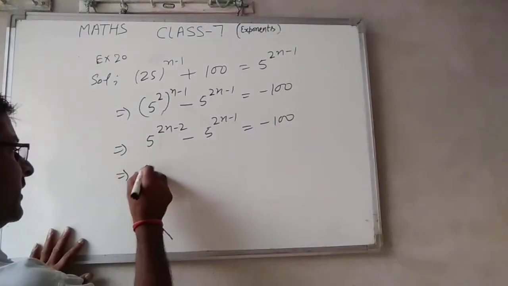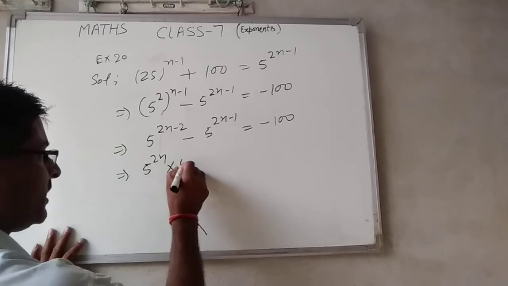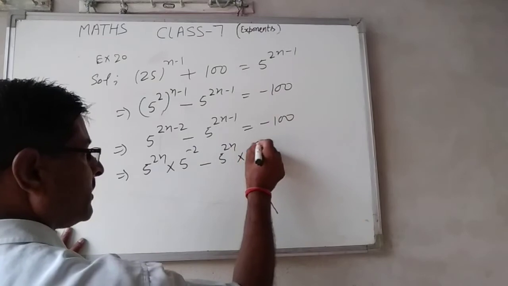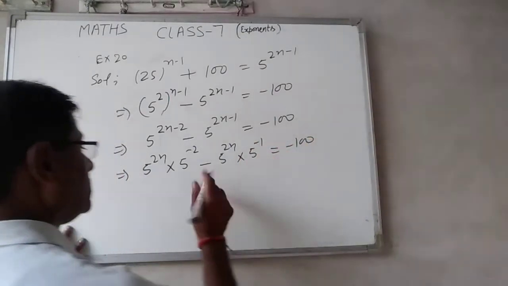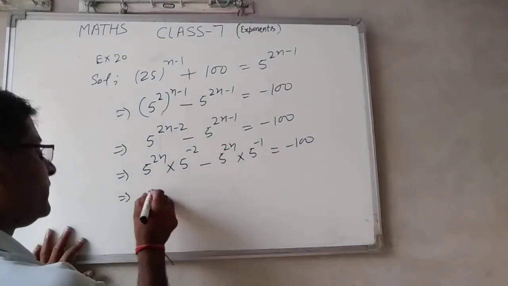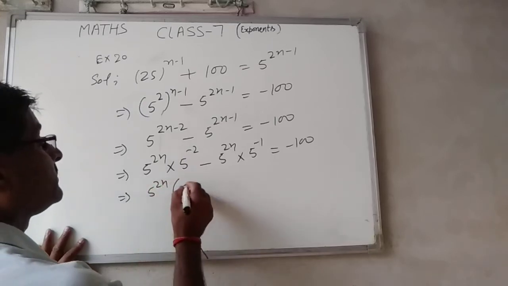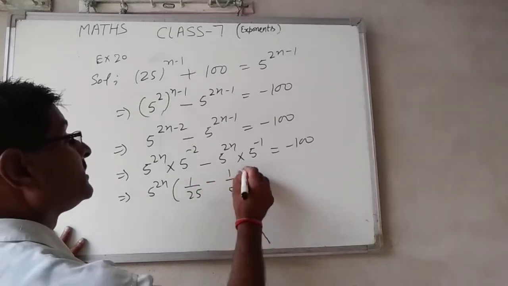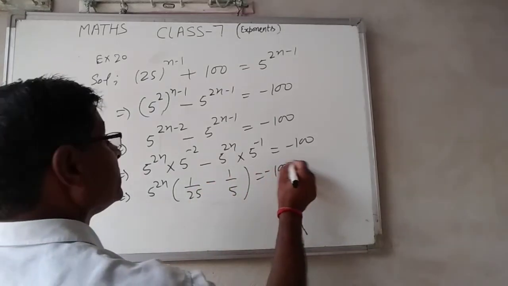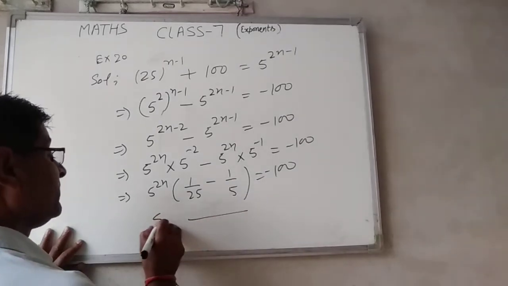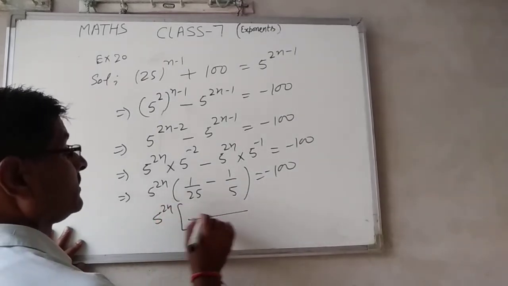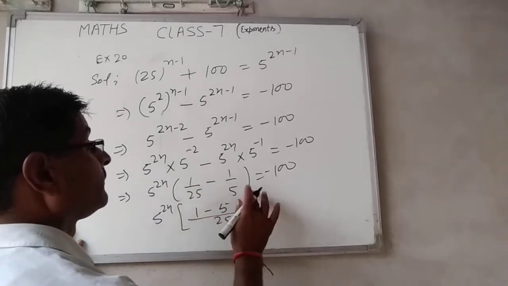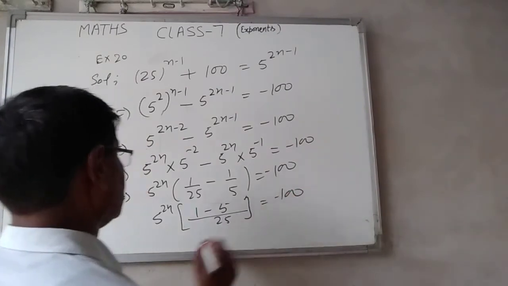This can be written as 5 to the power 2n multiply 5 to the power minus 2, minus 5 to the power 2n into 5 to the power minus 1, is equal to minus 100. We take 5 to the power 2n as common, and get 5 to the power minus 2, which as a positive exponent is 1/25, and this is 1/5, is equal to minus 100. After simplification, 25 is the LCM, so we get 1 minus 5, is equal to minus 100.